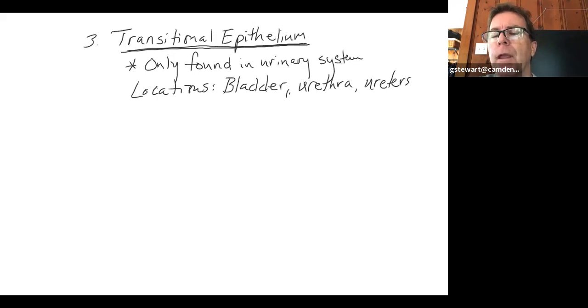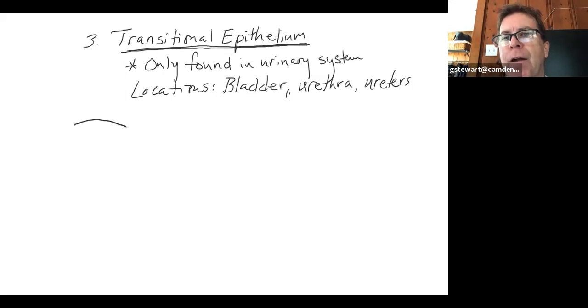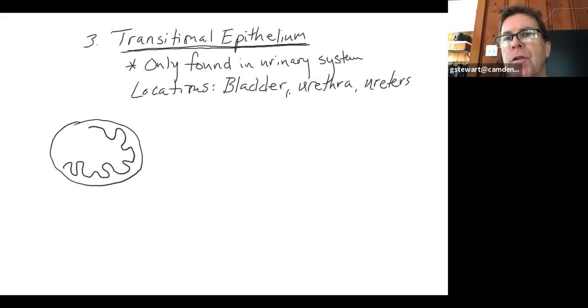So if the urinary bladder is just a holding chamber for formed urine, when our urinary bladder is empty, the cells that line the interior of the bladder... So actually the urinary bladder, if I draw it, the inside looks like this. It's not a perfectly smooth surface.